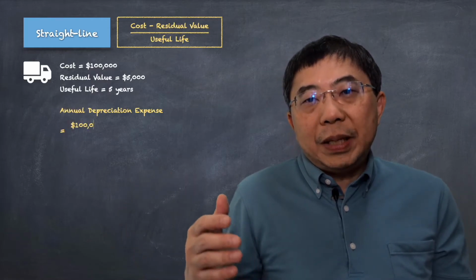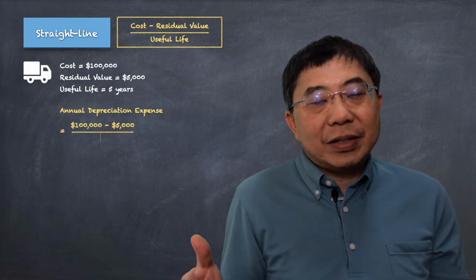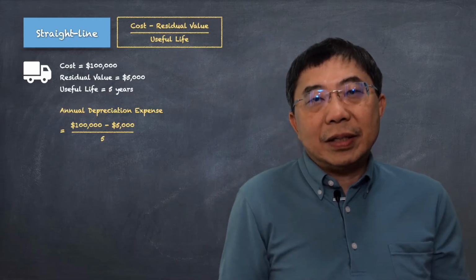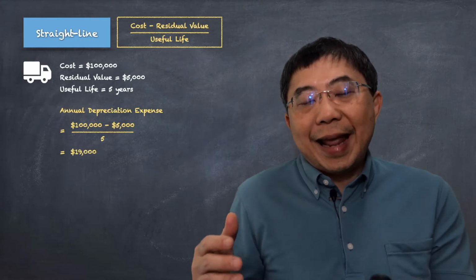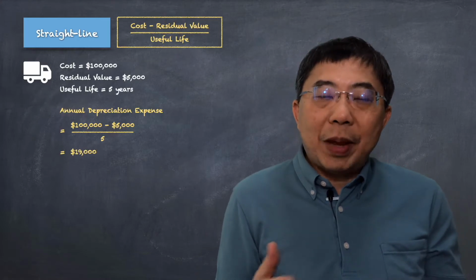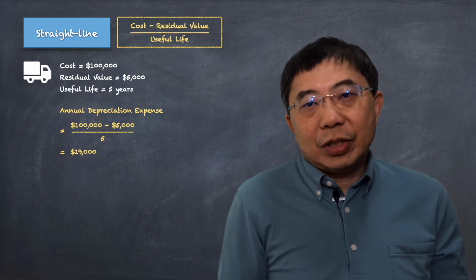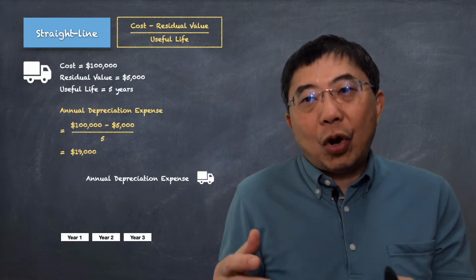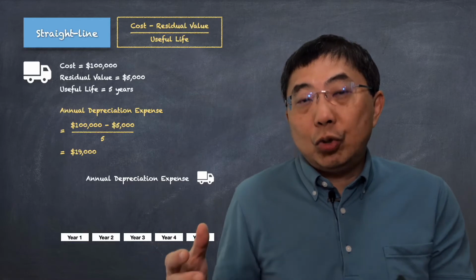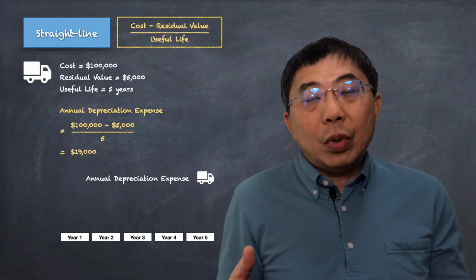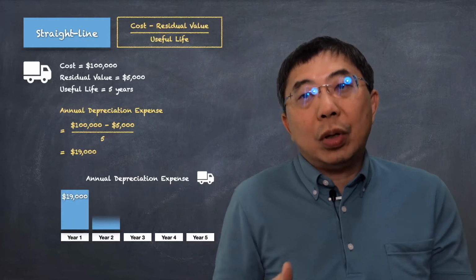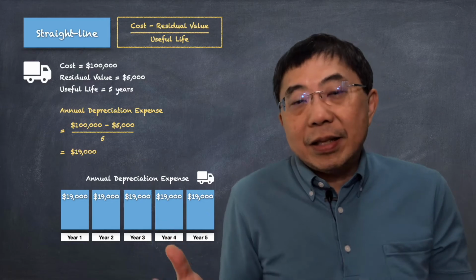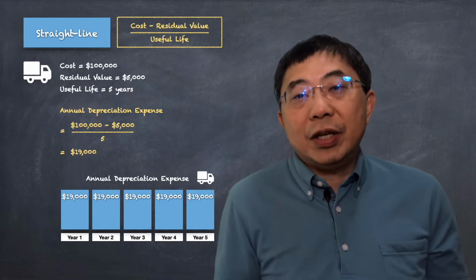This would be $100,000 less $5,000 divided by 5 years, giving us an annual depreciation expense of $19,000. This would mean that for each of the 5 years of its useful life, the business will charge out an equal amount of depreciation expense of $19,000 for every year.